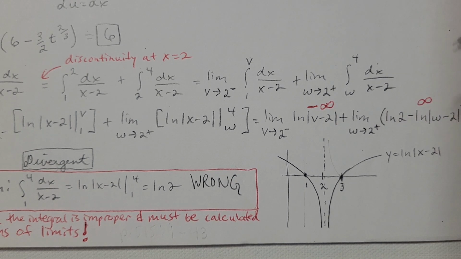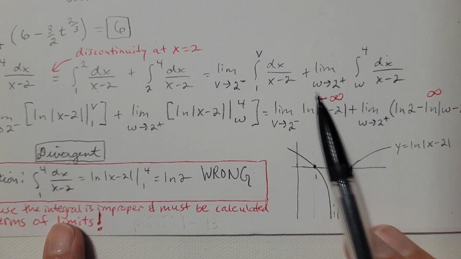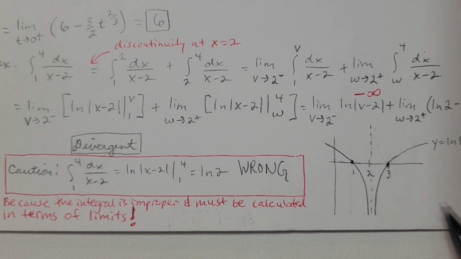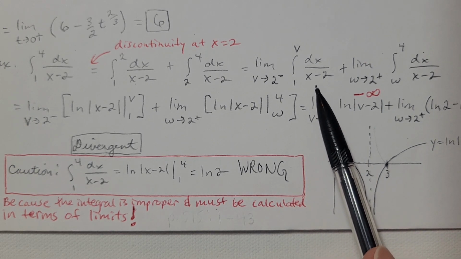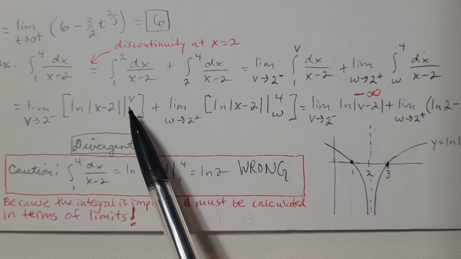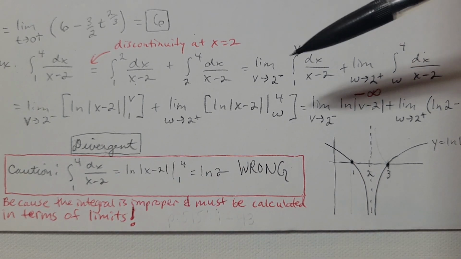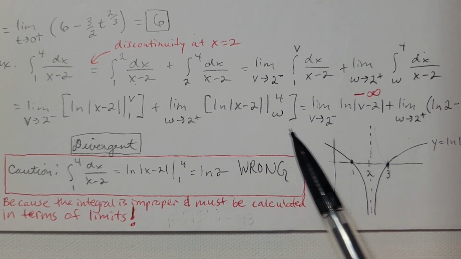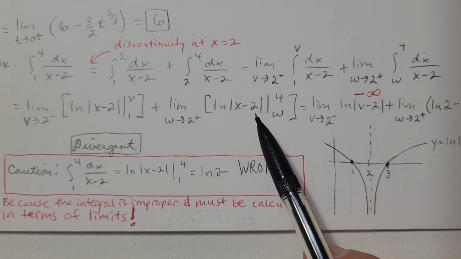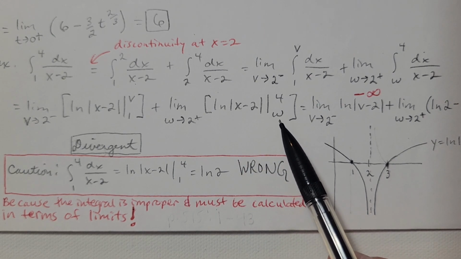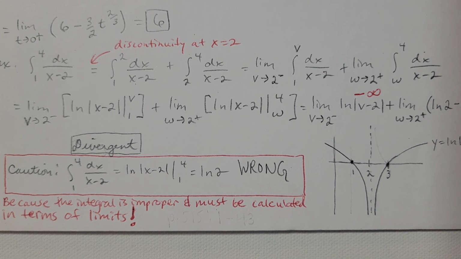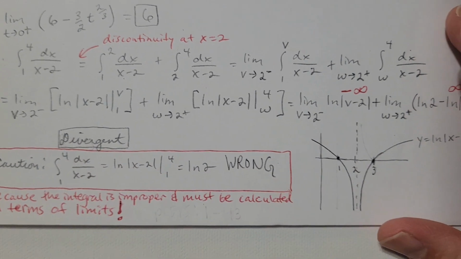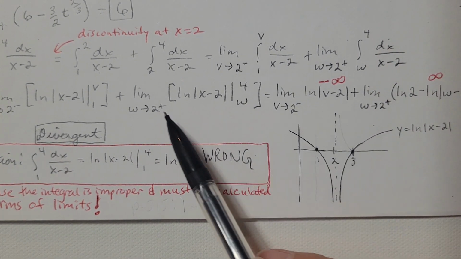Okay, and now with these two antiderivatives, the first one I got the limit as v approaches 2 from the left of the ln of the absolute value of x minus 2 going from 1 to v. Don't forget about the absolute value bars there. And then plus the limit as w approaches 2 from the right of the ln of the absolute value of x minus 2 going from w to 4. Again, don't forget about the directions there. You get the left side and the right side. So then the next thing is I'm going to plug in the bounds.